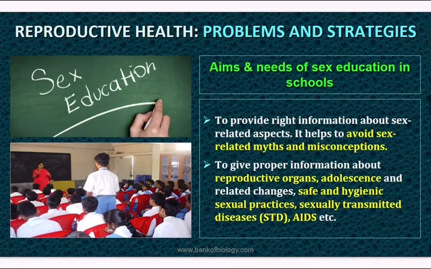And the aims and needs of sex education in schools: why is this chapter introduced for you? There is a lot of aim, a lot of value inculcated in this, to provide right information about sex related aspects. It helps to avoid sex related myths and misconceptions. I told you one of the myths and misconceptions: if the wife delivers a female baby, invariably she is blamed.